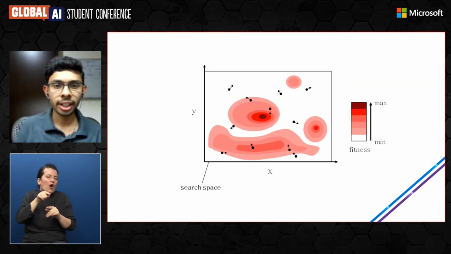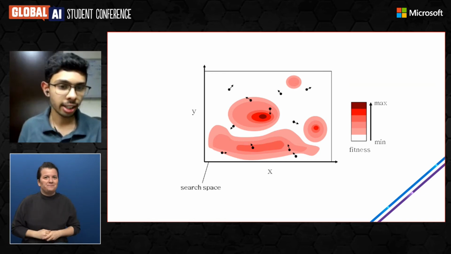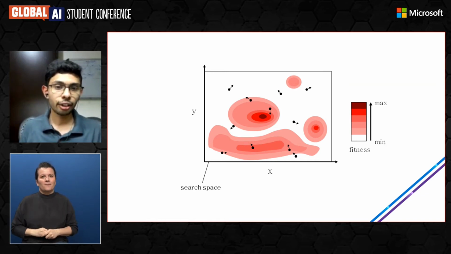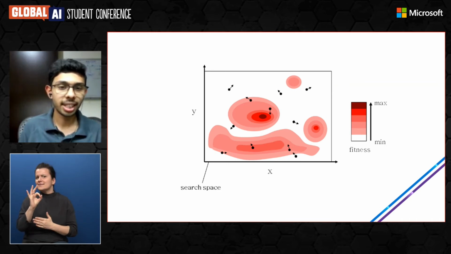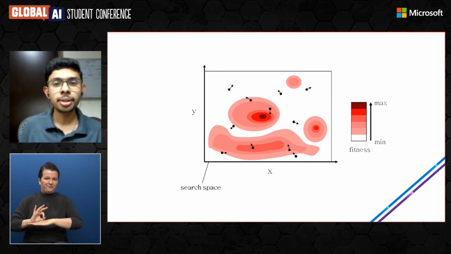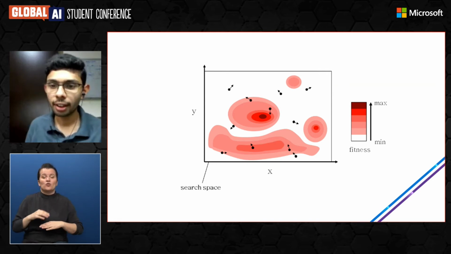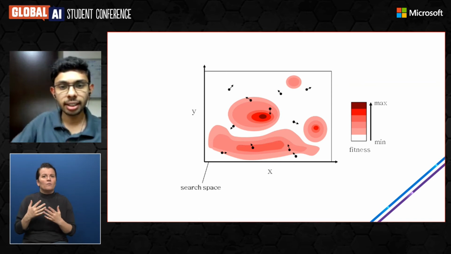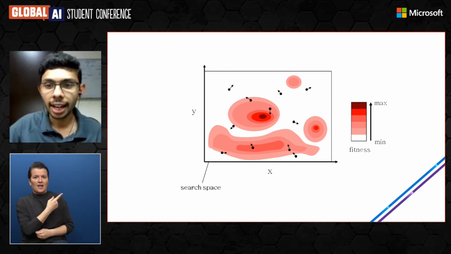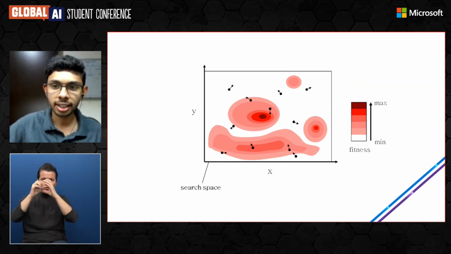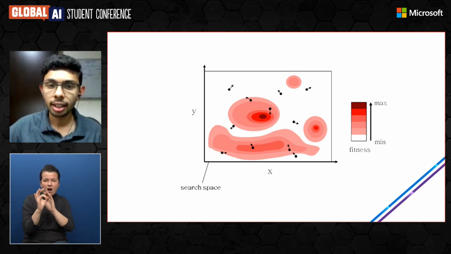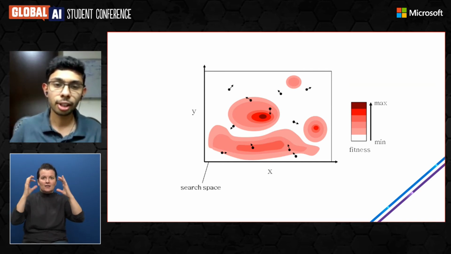I'll go through one iteration of how the particles try to find the global minimum, or basically the food on the ground. So there's something called a fitness function. As you can see here, there are different shades of red, and the darkest shade of red represents the global best position.